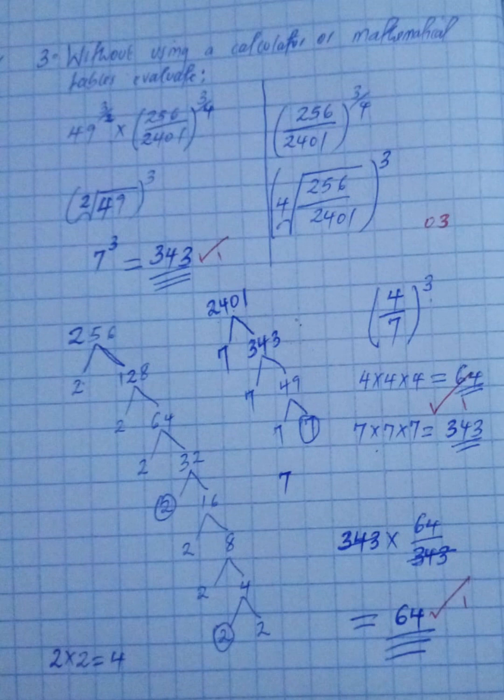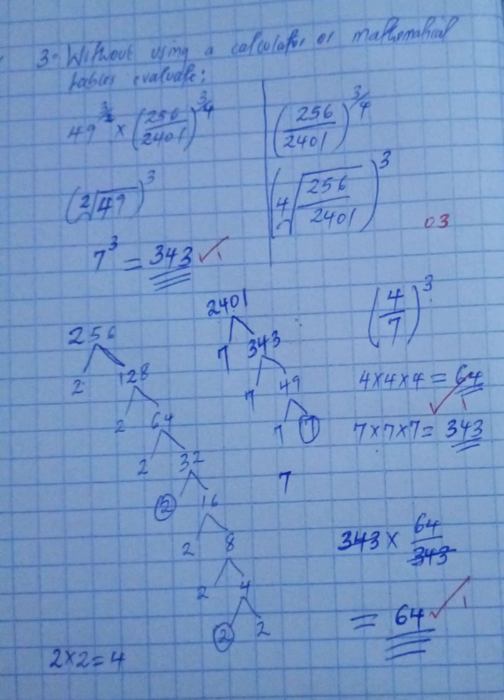So now to the second number, which is the denominator, 2401. To predict the number that can divide this, looking at the divisibility test, for 2 it cannot, because the last number is not even. For 3 also it cannot. For 4 it cannot. 5.